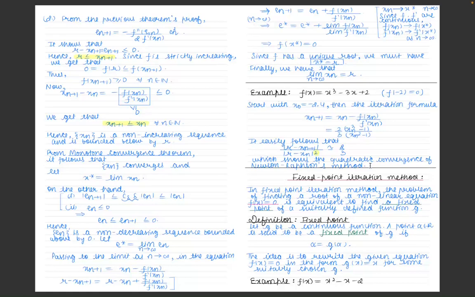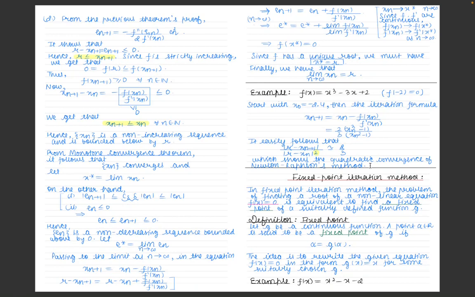So with this, we finish the Newton-Raphson method. So far, to find the root of an equation, we have seen the bisection method, the secant method, and the Newton-Raphson method.